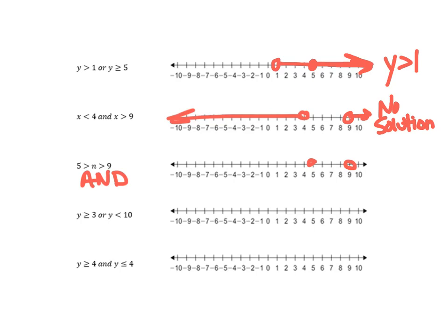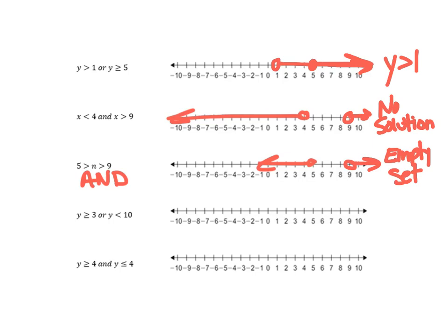So let's go from the n to the numbers. From the n to the 9, it says n is greater than 9. Oh, that's this direction. And then if you go from n to 5, it says n is less than 5. Uh-oh, it's this direction. This is the exact same thing as the one that we had right above. No solution, or like I said, Agile Mind will call it the empty set. So either of those will work.